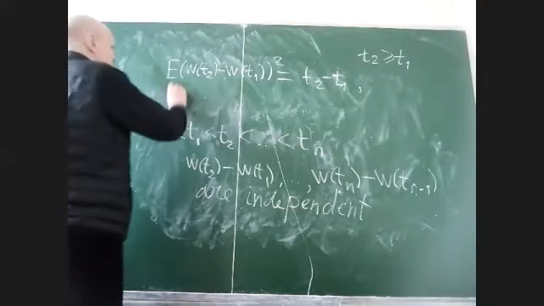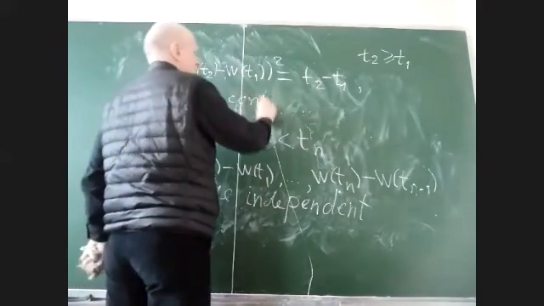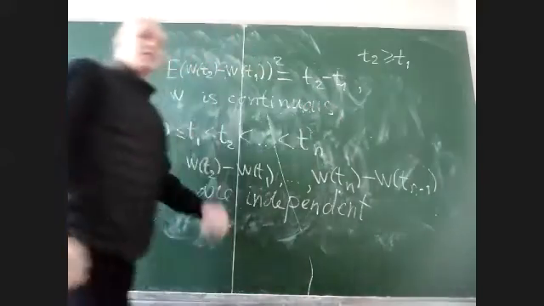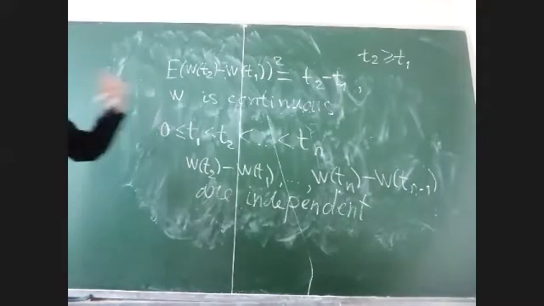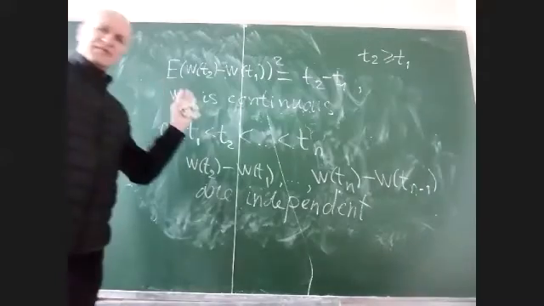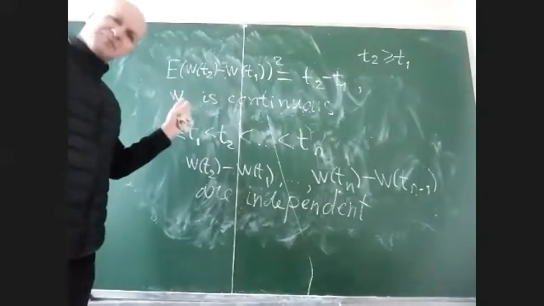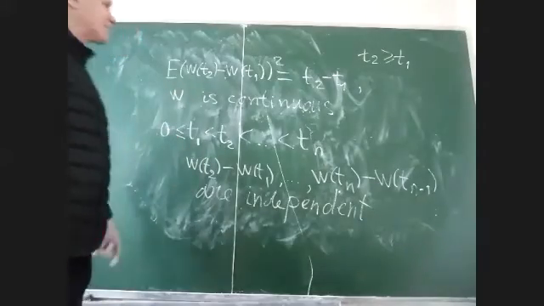So W is continuous. To be very precise, I must say W has a continuous modification, but we will always use only this modification. So roughly speaking, I say W is continuous.